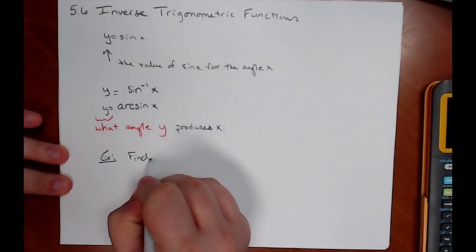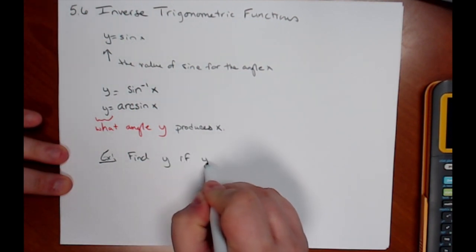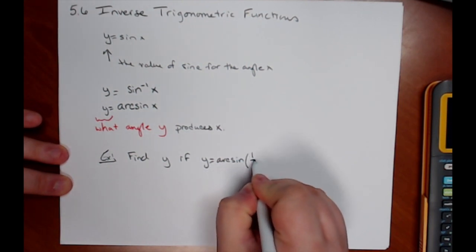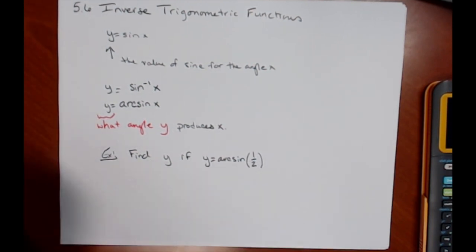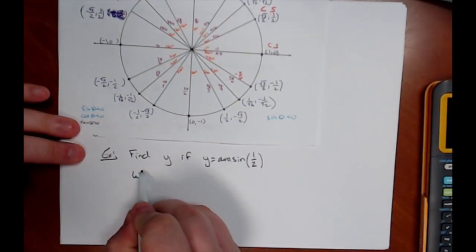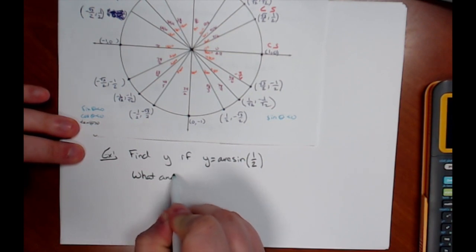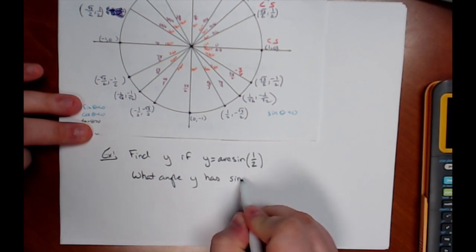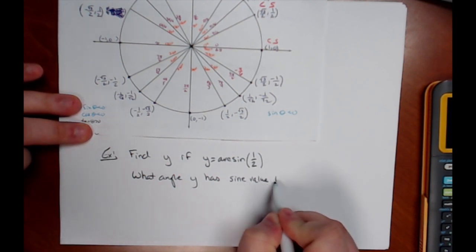Find y if y equals arc sine of a half. And so for this, it's probably going to be helpful to have our handy dandy unit circle. So let me grab that. So this says, what angle y has sine value of a half?